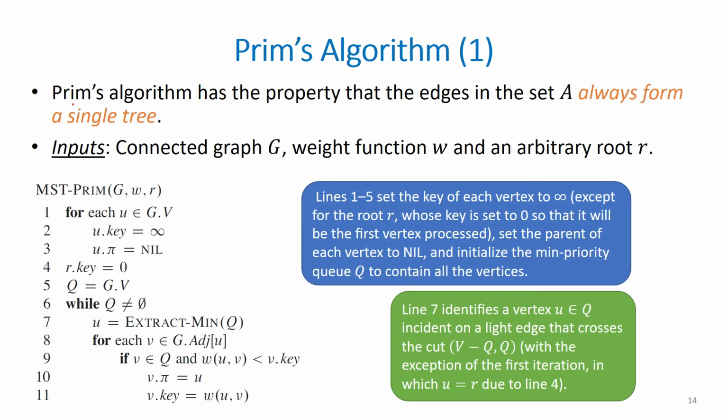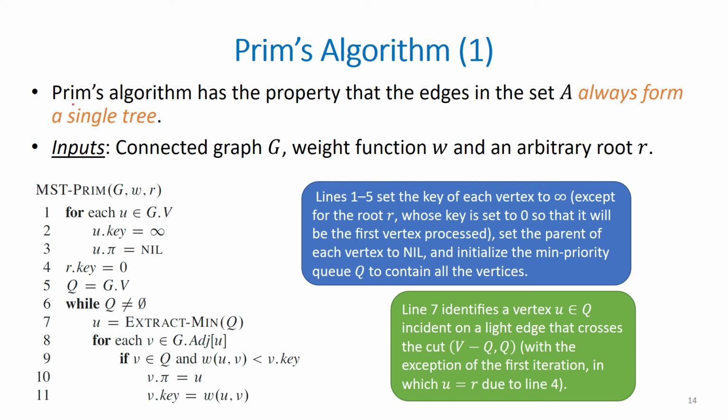The next algorithm is Prim's algorithm. Note that in Kruskal's algorithm, the light edge added in each step does not necessarily result in a connected tree at the end of the step, but instead may result in a forest of trees which eventually would be merged into a single tree that represents the final MST.